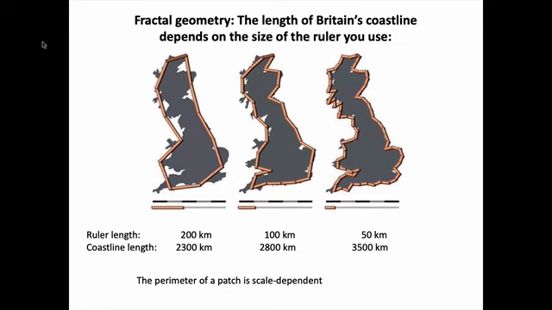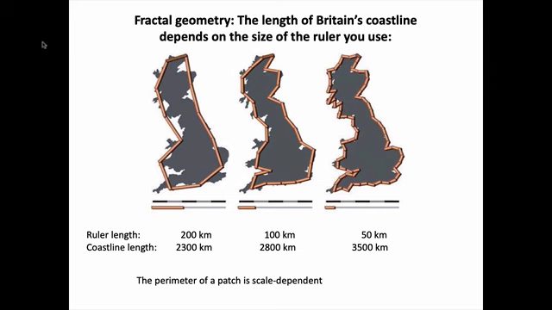This is basically a measure of how irregular the shape is. If you have a perfectly round or perfectly square shape, then the fractal dimension, the rate at which the edge changes, is very small. If you have a really irregular shape, the rate at which the perimeter changes is really large.